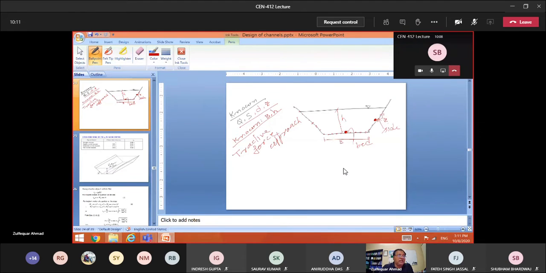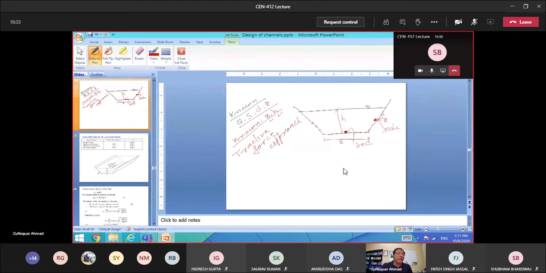And you have to fix the value of B and H in such a way that these sediment particles should not move, right? And for that, we are taking the approach of the tractive force.